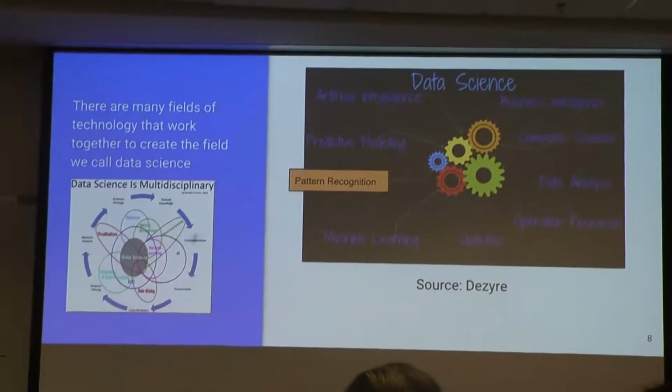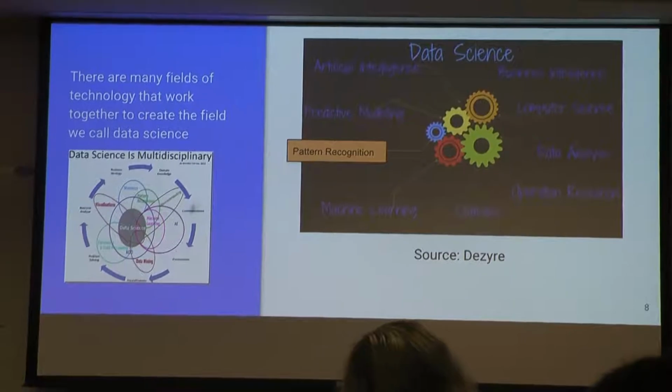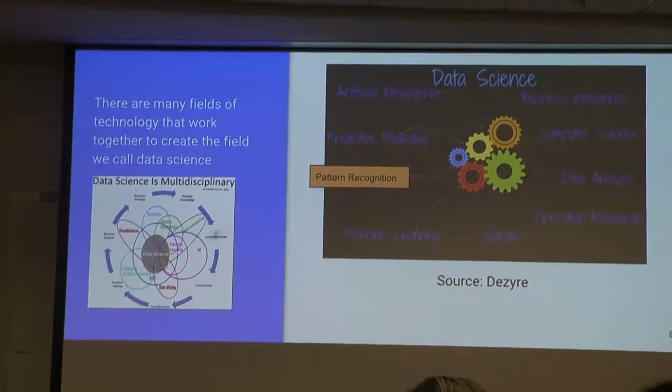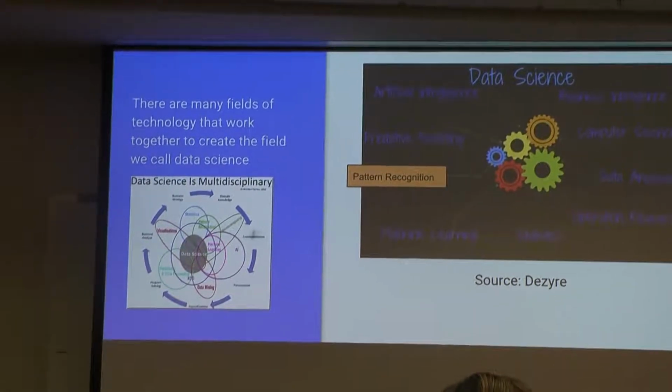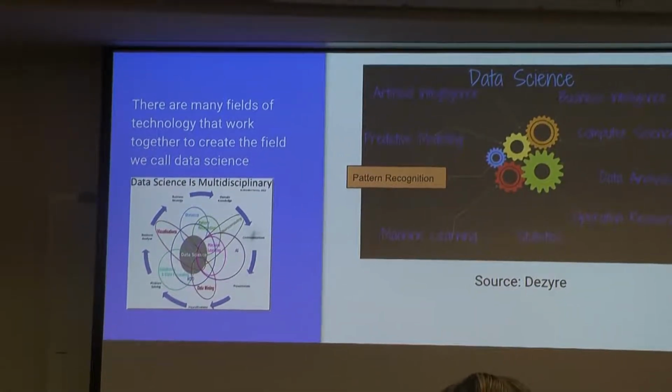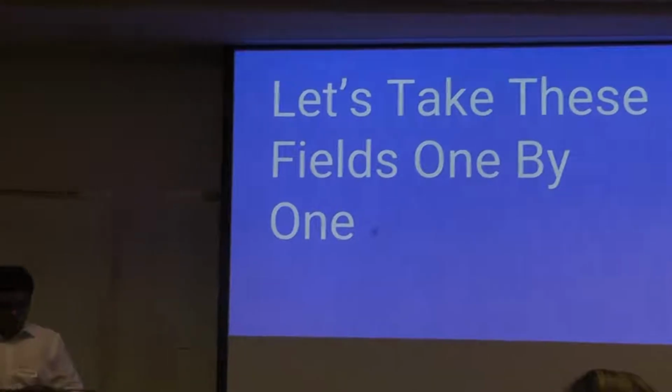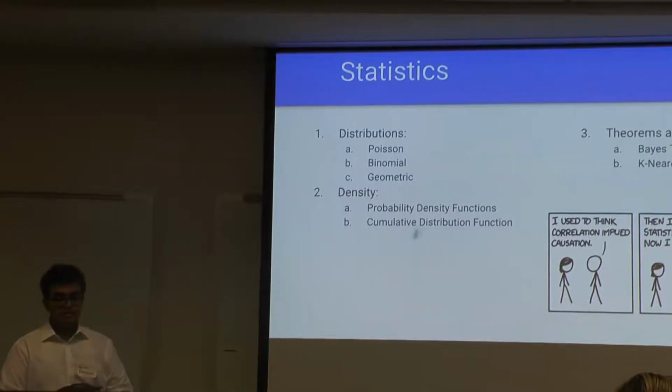So those are the 9 kind of things you should be somewhat comfortable with in order to excel in data science. And I'll be giving a quick breakdown of each one of those, so you can look those up later in your free time. All right, so the first one is statistics.